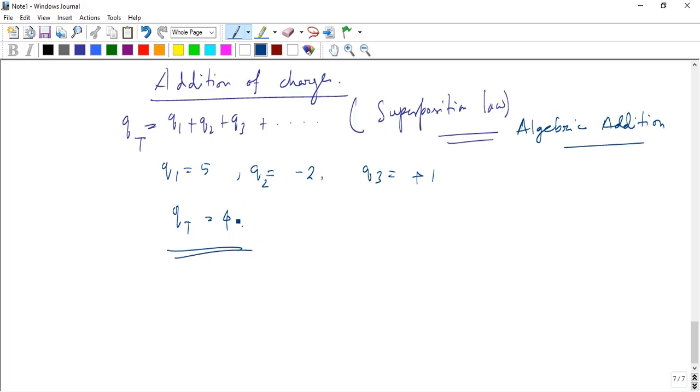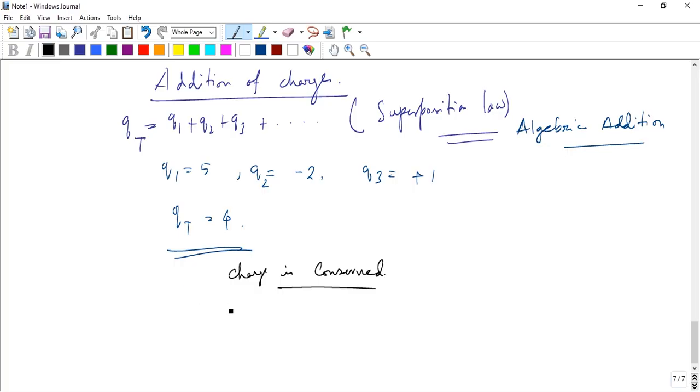Next we discuss that charge is conserved. Why is charge conserved? All atoms, or all bodies, are electrically neutral.